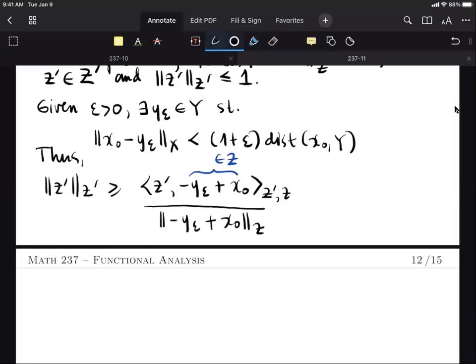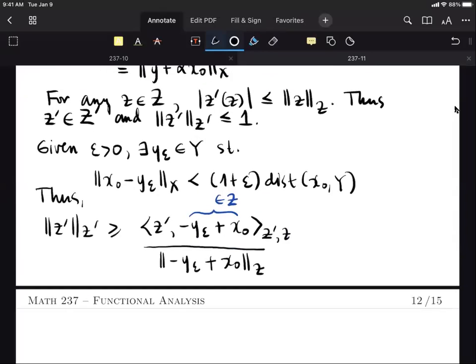Take note that according to the definition of z prime, the numerator is basically, since our scalar is 1, the distance of x naught and Y, divided by the norm of x naught minus y epsilon. Since the norm in Z is the same as with X, and then you apply homogeneity, you have this one.